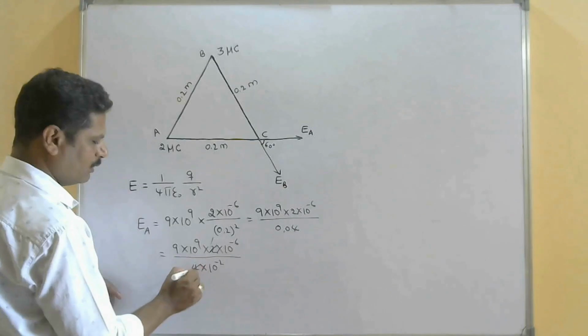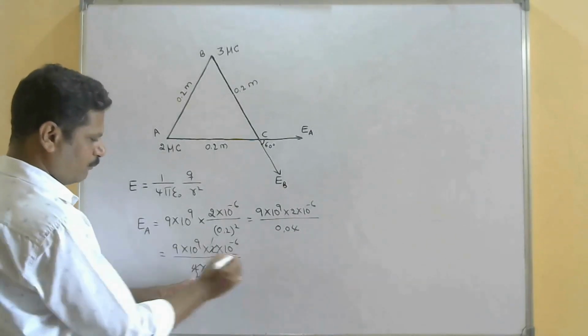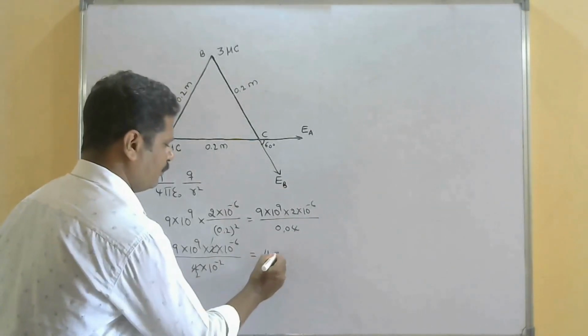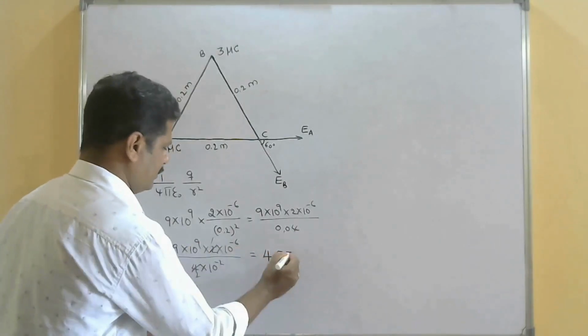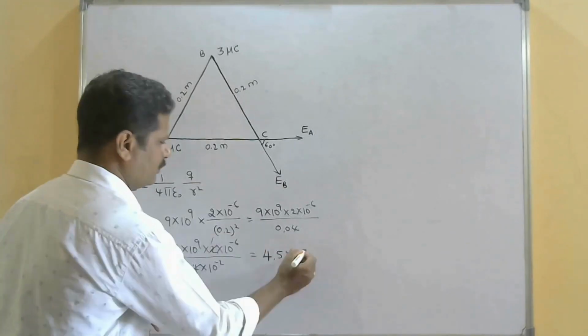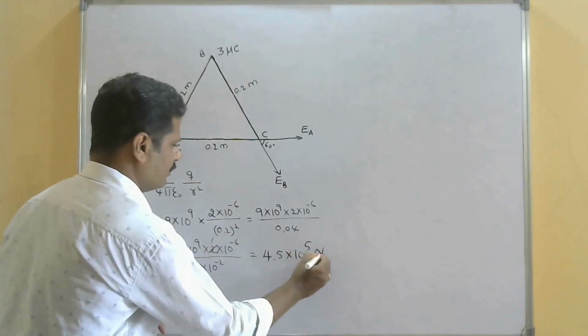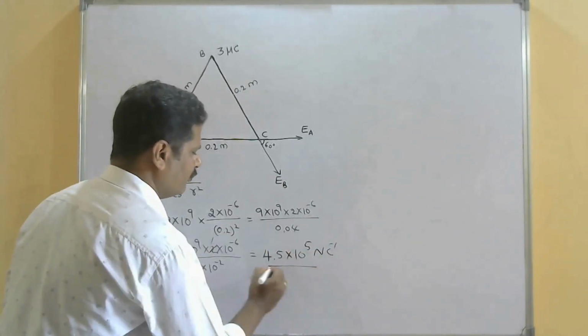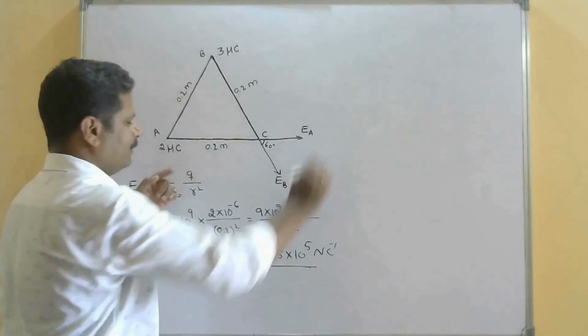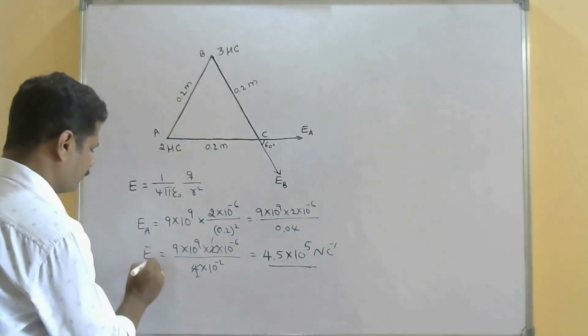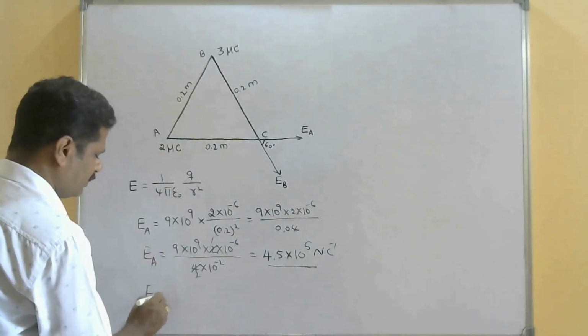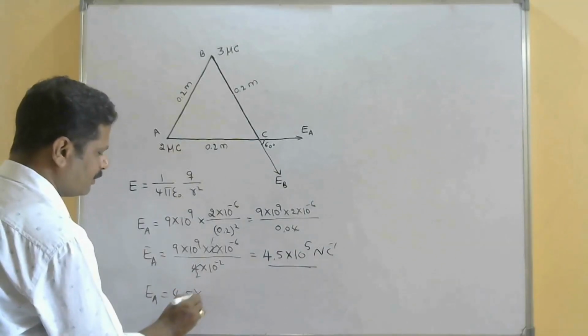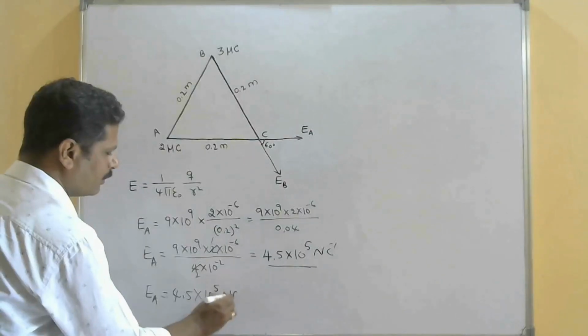That gives 4.5 into 10 to the power of 5 Newton per coulomb, which is acting along AC. This is EA. So EA is equal to 4.5 times 10 raised to 5 Newton per coulomb.